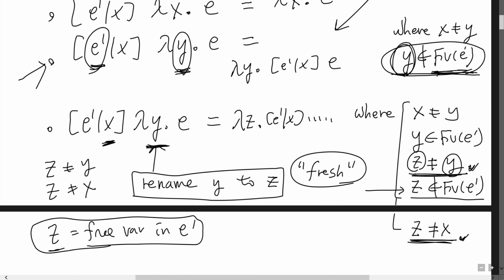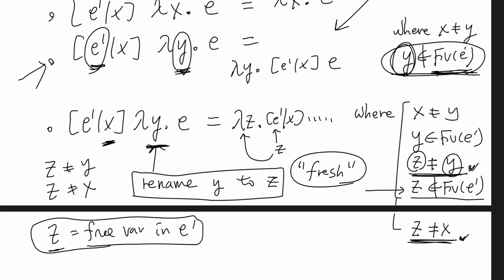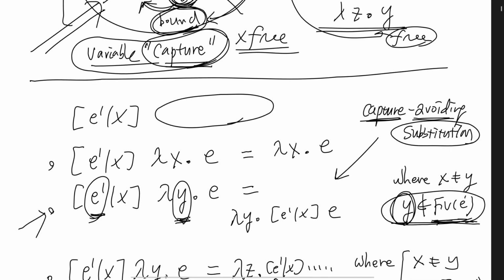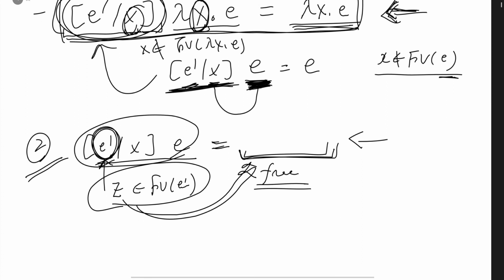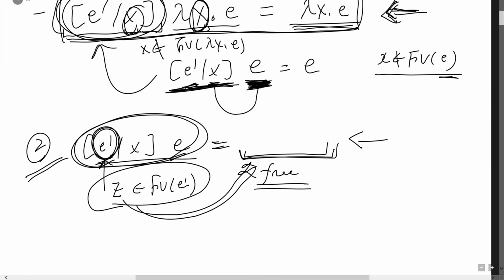So inside expression E prime, you might have z, and then there's some chance that z becomes bound after substitution, which is not acceptable. Remember that the second property of this substitution is if a variable is free in expression E prime, it should remain free here.